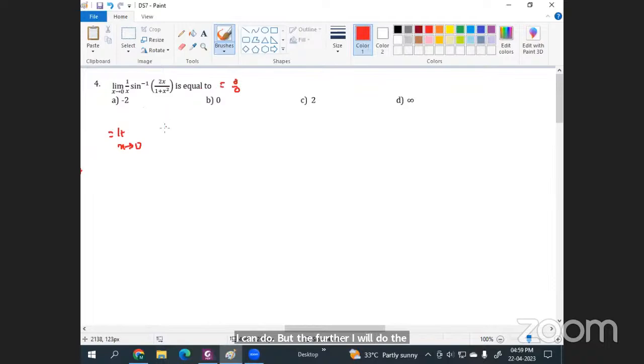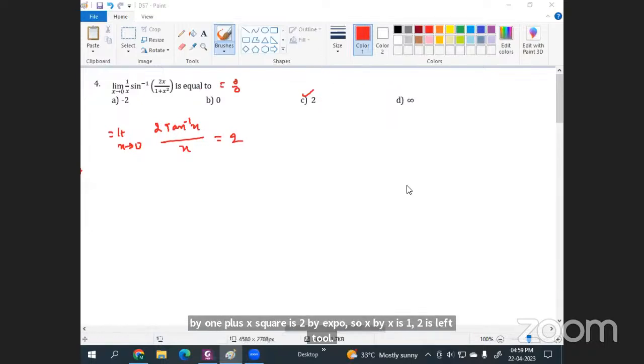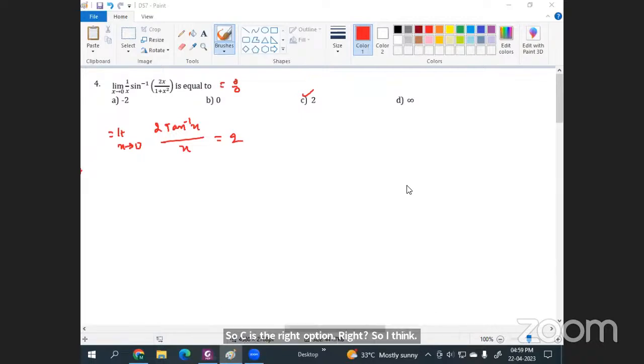Sine inverse of 2x by 1 plus x square is 2 tan inverse x. So tan inverse x by x is 1, and 2 is left. So C is the right option. So this third option is the right option.